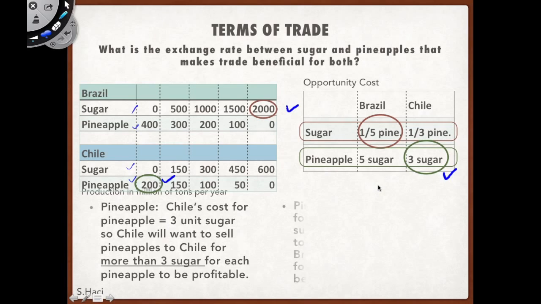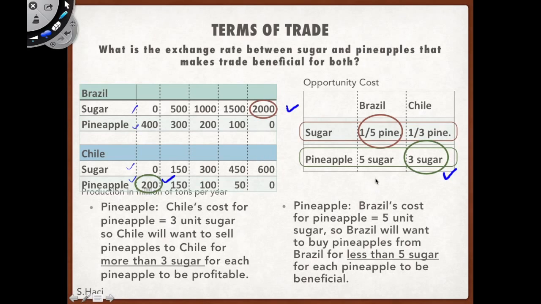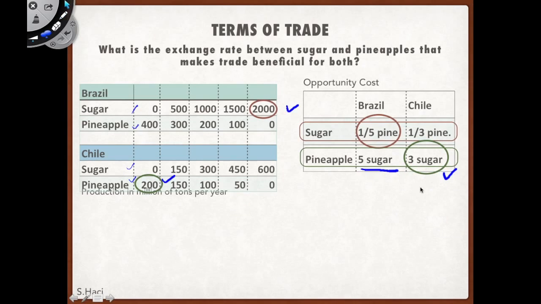On the other hand, Brazil can produce the pineapple for 5 units of sugar. Therefore, they would not want to pay 5 or more, because then they could do it themselves. So a beneficial arrangement or terms of trade between those two countries would include an exchange rate between 3 and 5 units of sugar.